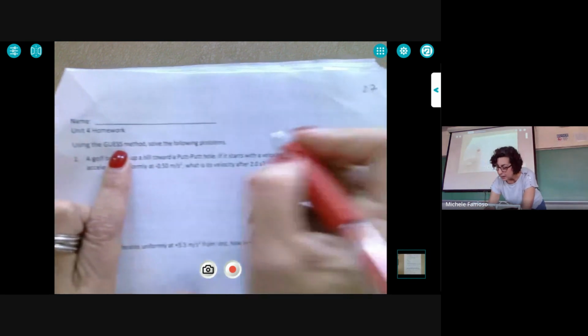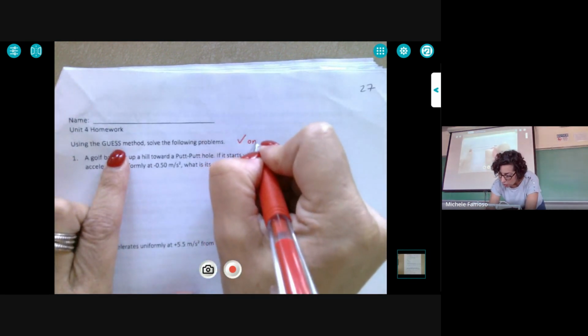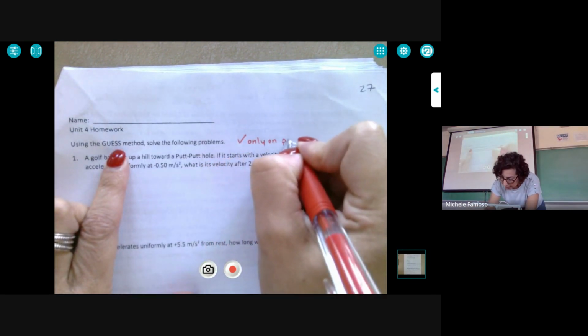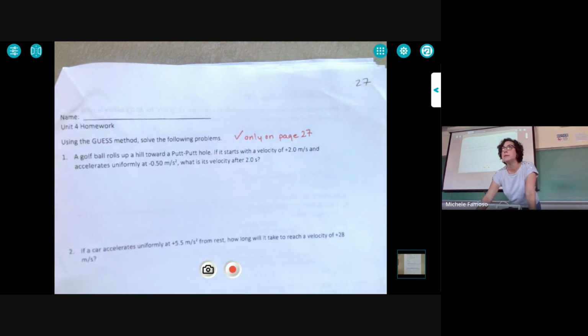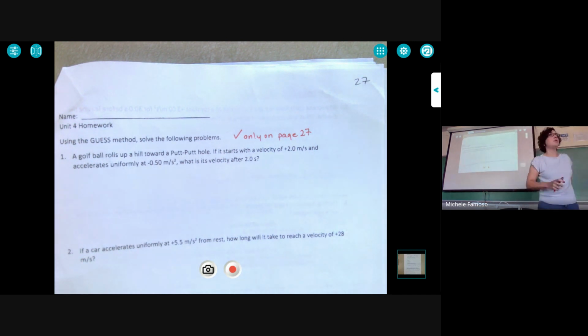You'll check only on page 27. No checks on page 28. If you can do the checks on page 27, I'm assuming you can do them on page 28, but to save yourself a little bit of effort, you don't have to repeat them again. And that's your assignment for Monday. The rest of the packet is for Tuesday, but you can certainly start working on that over the weekend to make sure you're ready for Wednesday's tests.